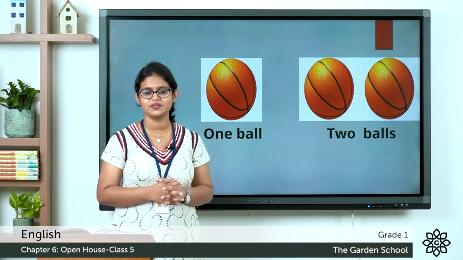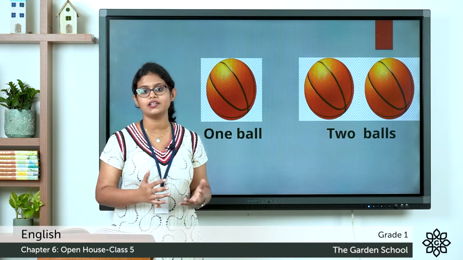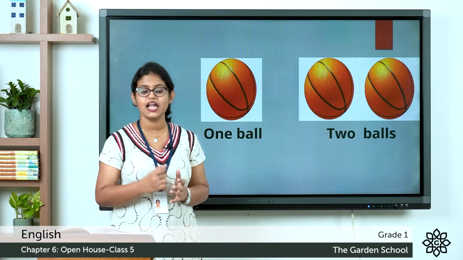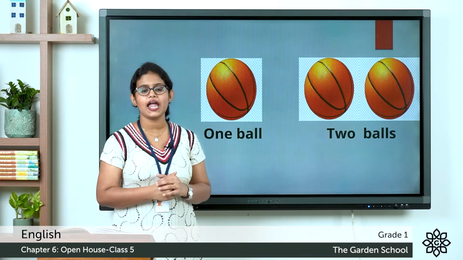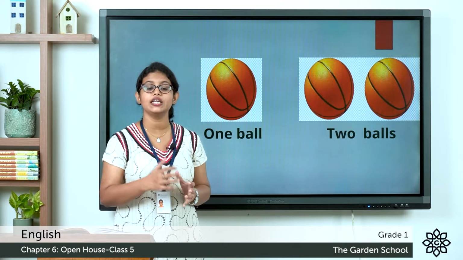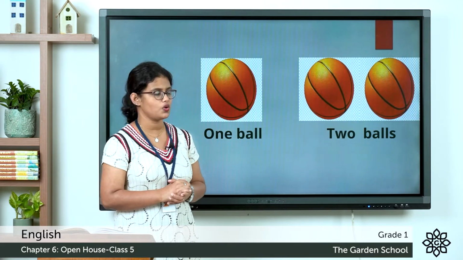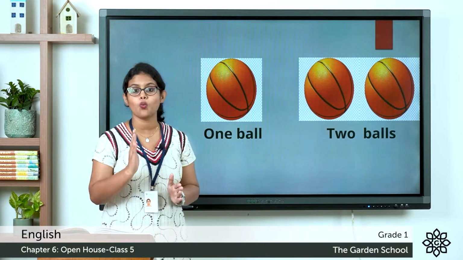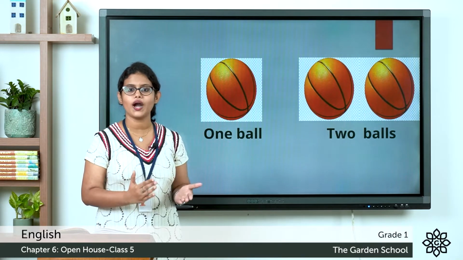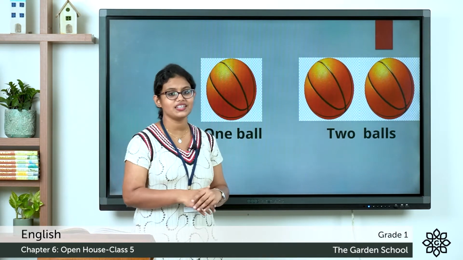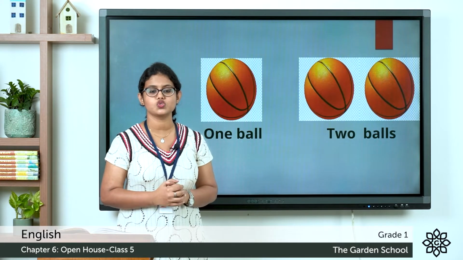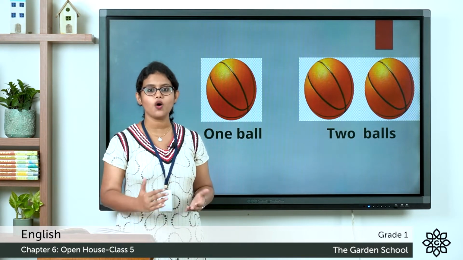So, when there are more than one thing, we add S. We add S at the end of the naming word. So, here it was just 1. So, we say 1 ball. Here how many are there? There are 2. So, we say 2 balls.